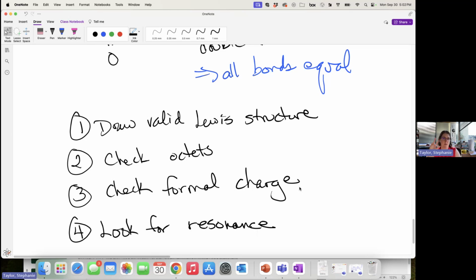But you will hear it used in different ways because it has a broader definition, but because y'all are learning to do Lewis structures yourselves, we're going to do it in this order. Valid Lewis structure, check octets, check formal charge, and then at the very, very end, then we can do resonance.